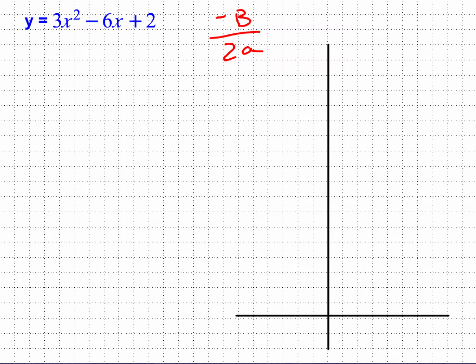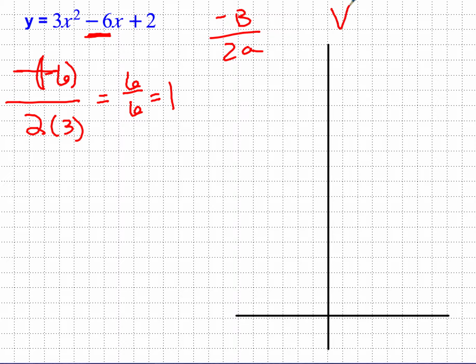So negative b, and whatever b is, b is negative 6, so that's going to give me a double negative there, all over 2 times a, 2 times 3. My double negative makes it positive. So I have 6 over 2 times 3, which is 6, and that simplifies to just 1. So for my vertex, I know the x-coordinate is 1.